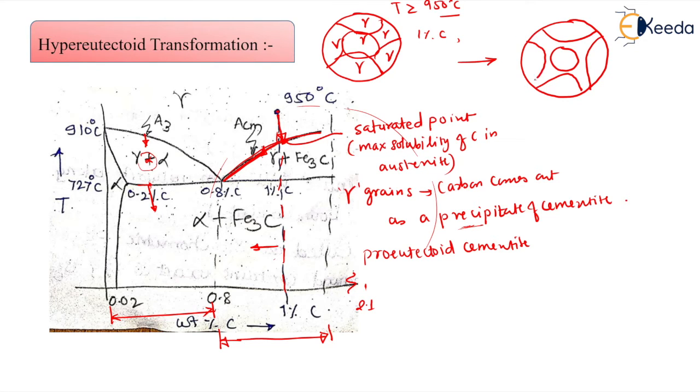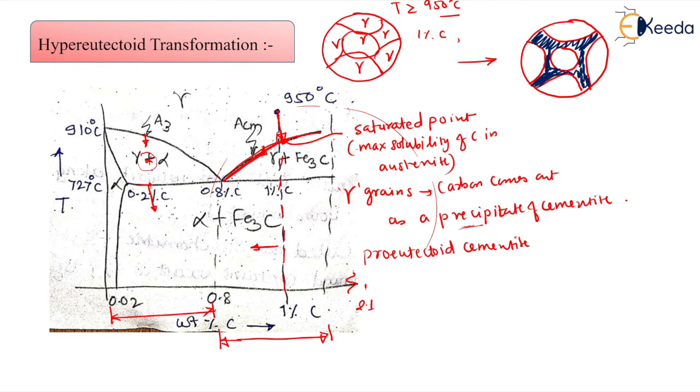See, dear students, I will show with the nebular. This is the precipitate, sorry, of cementite. Carbon is coming out in the form of a precipitate of cementite.